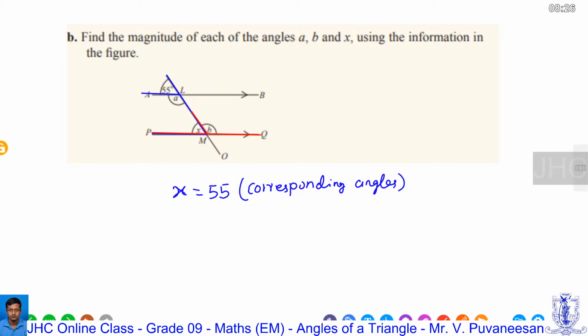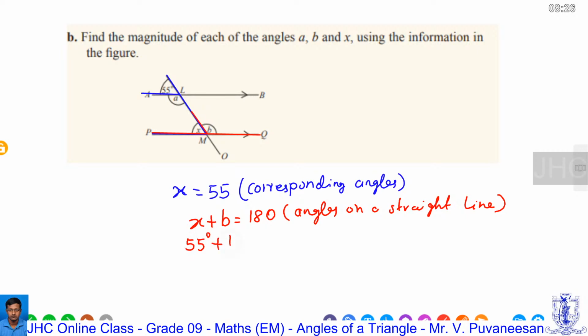So we can write X plus B equal 180, angles on a straight line. Okay. So we can put instead of X 55. Already we found 55 plus B equal 180. So B is equal to 180 minus 55, that is 125 degree.